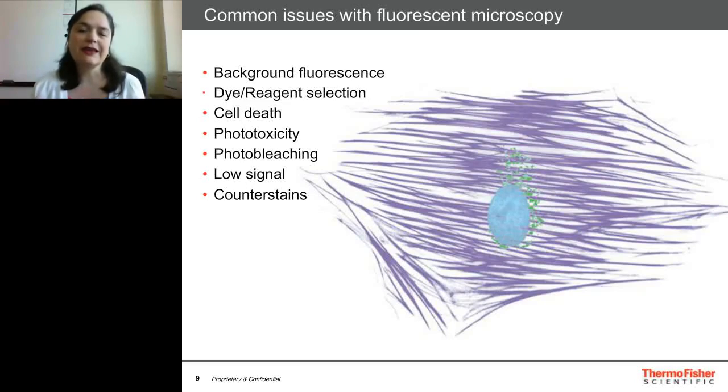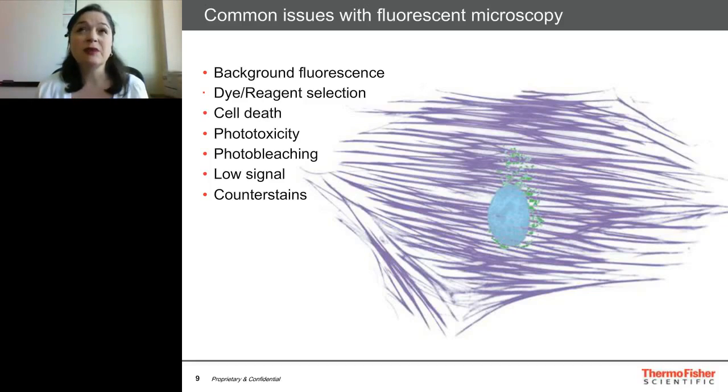So with any advantage, there always are costs associated with it, and science is no exception. Some common issues that people run into when they use fluorescent microscopy can include background fluorescence. We're going to spend quite a bit of time talking about ways to improve your signal to background, which dyes and reagents to choose.